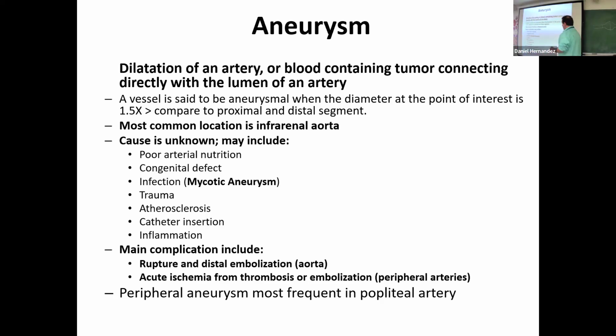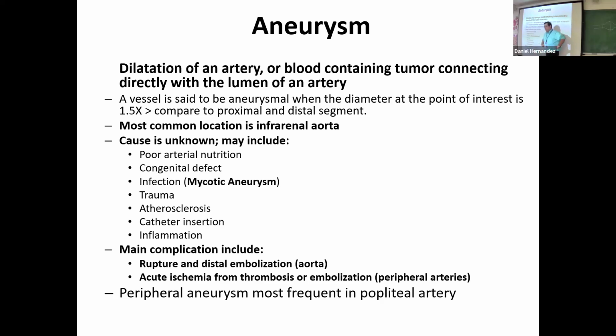When we're talking about aneurysm, the most common location for an aneurysm in the arterial system is going to be infrarenal. The infrarenal aorta. So that means the aortic segment below the level of the renal arteries, or below the level of the kidneys. So inferior to where the renal arteries come off.